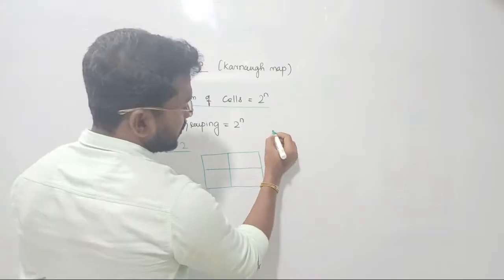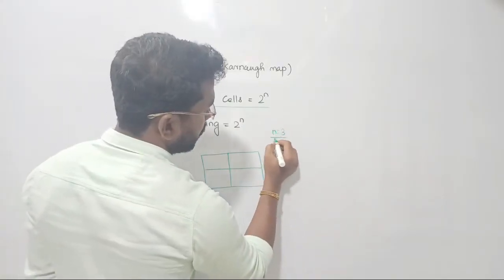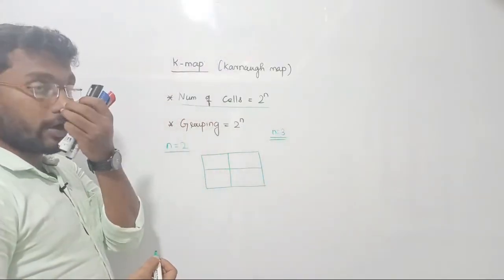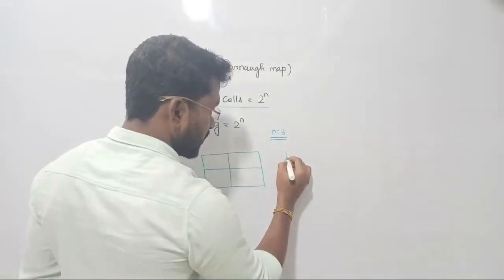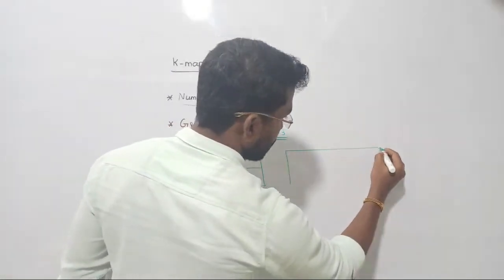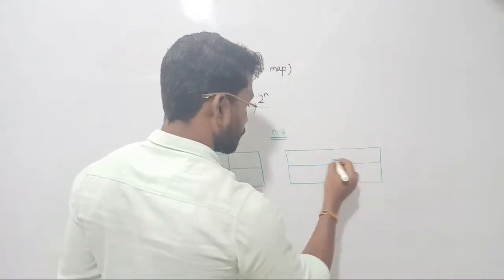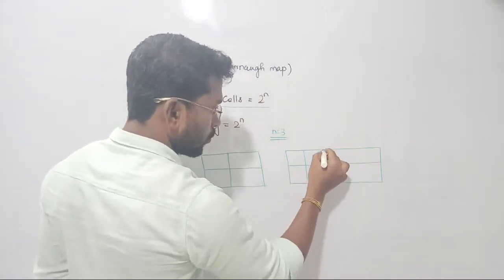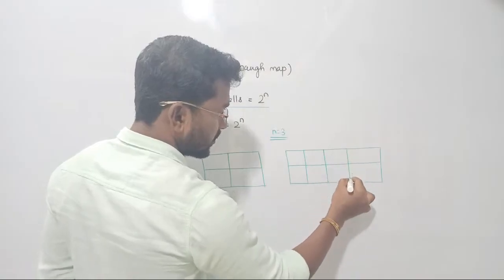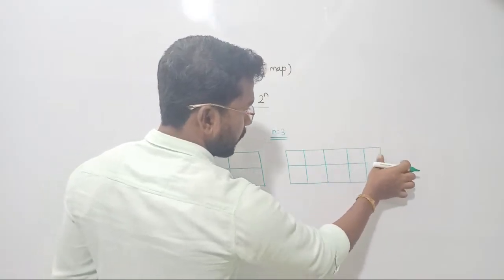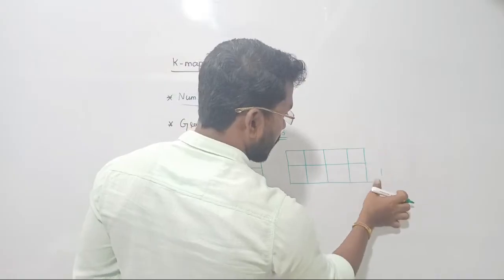Similarly, if I consider n equal to 3, how many cells will come? If you put n equal to 3, we are going to frame 8 cells, such that let me frame 8 cells. 2, 4, 6, 8, enough. So totally we are going to frame 8 cells.